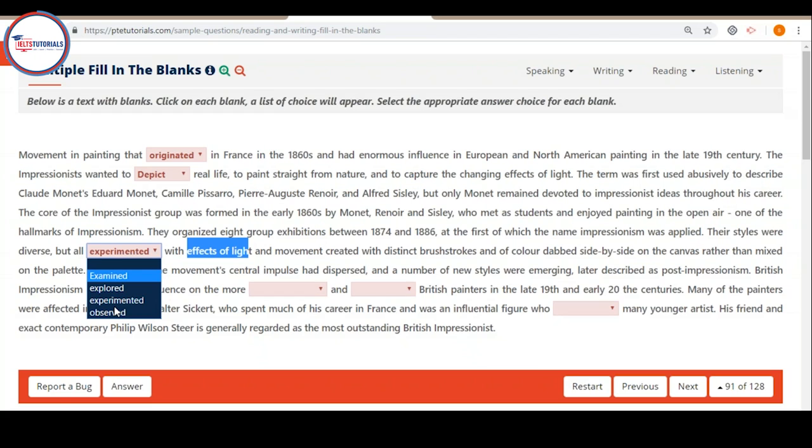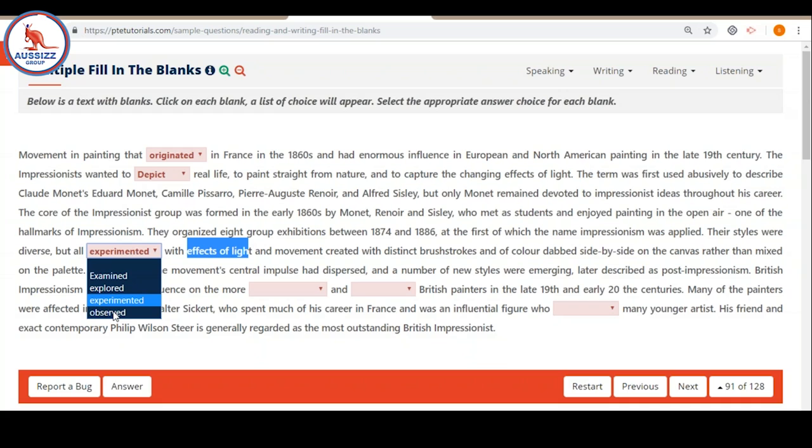Now you have to choose the collocation with the word painters. Can I use continuous painters, growing painters, developing painters? Only and only I'm left with progressive painters. With experiments, next time the skill will be enhanced.